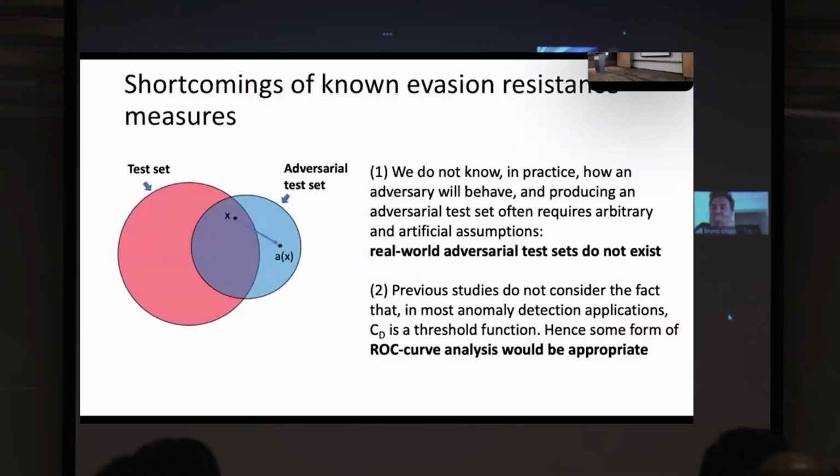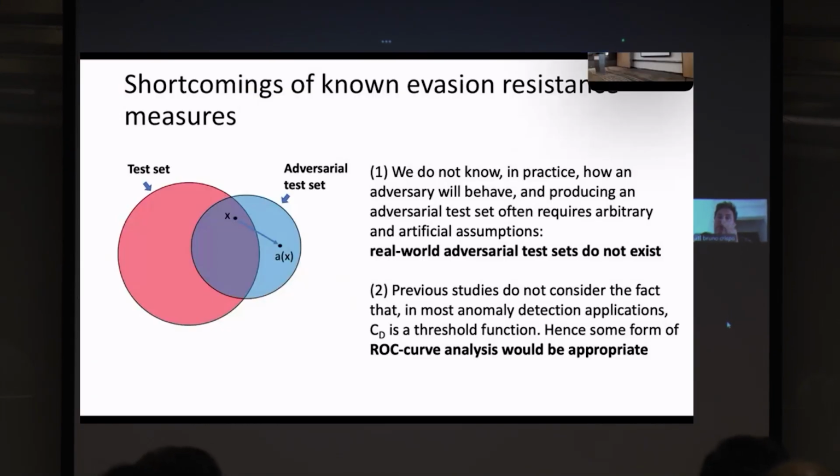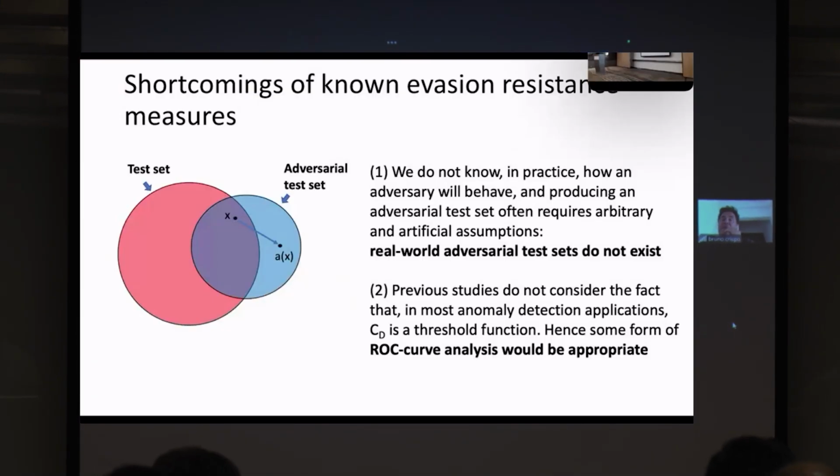Okay, so this is the assumption for classifiers against evasion attacks. All the existing work, because there is a lot of work presenting some evasion attack, evaluates the problem from the attacker's point of view.